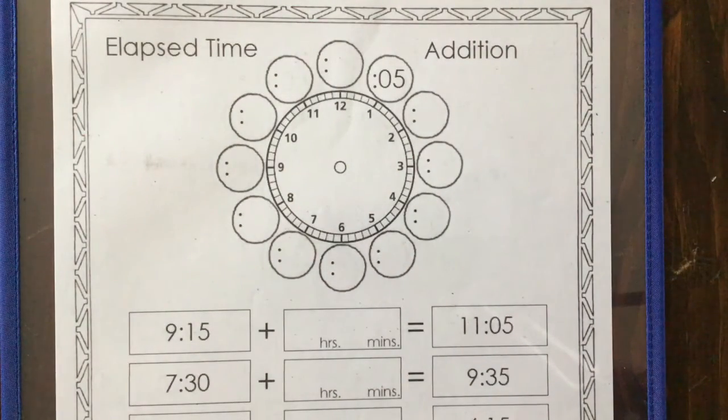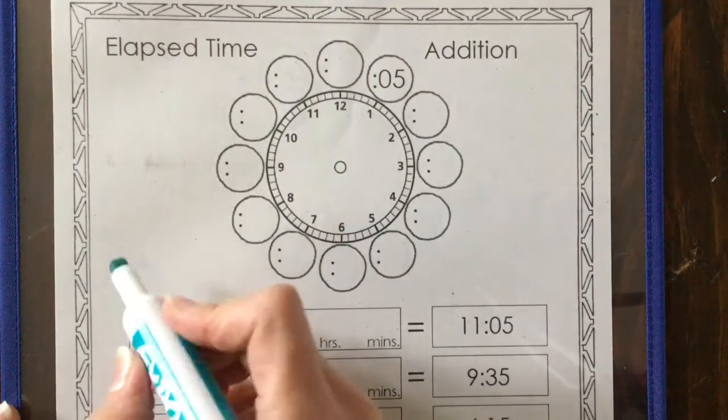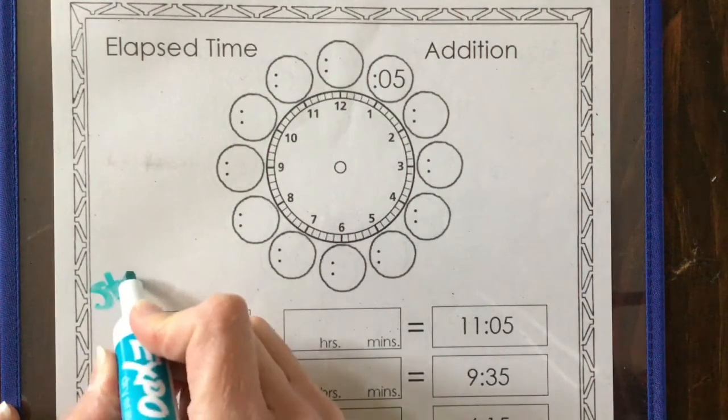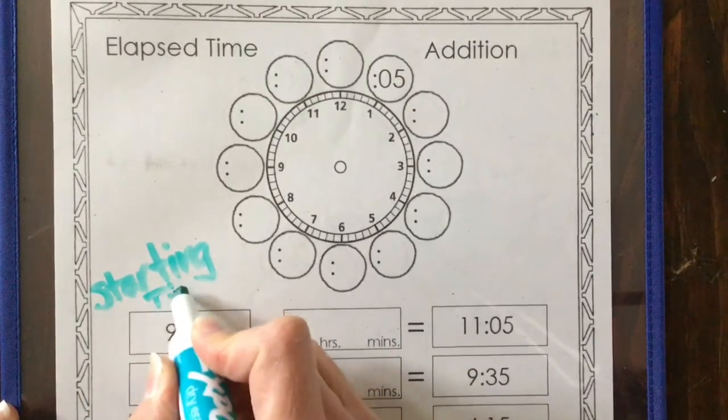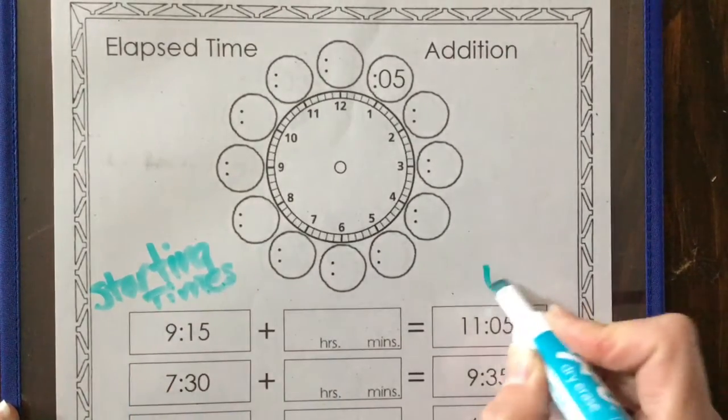So here I have my clock face and some elapsed time problems. Okay, over here I have my starting times and my ending times over here.